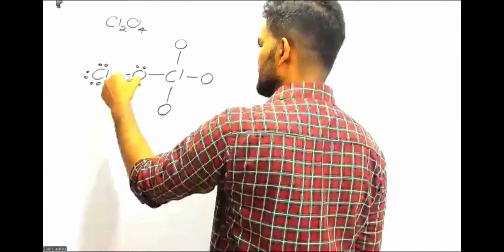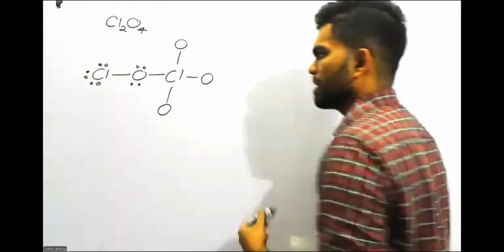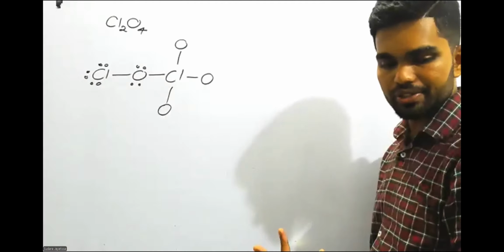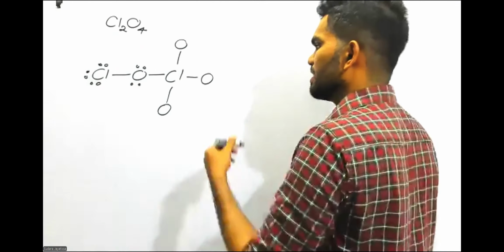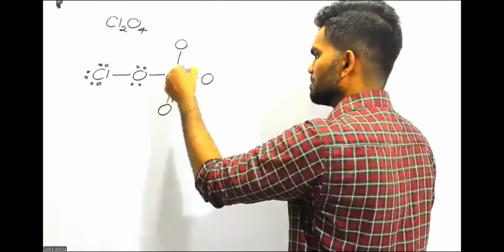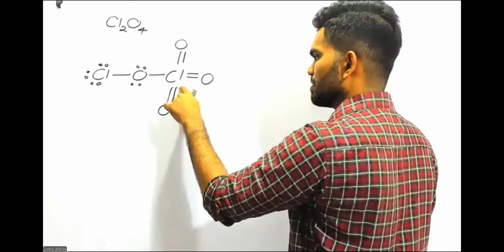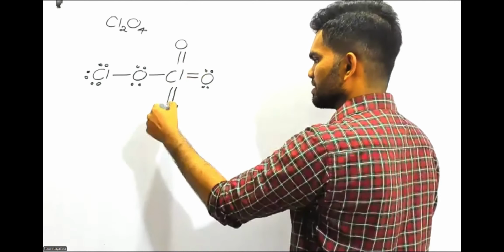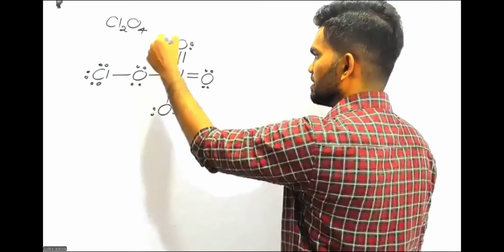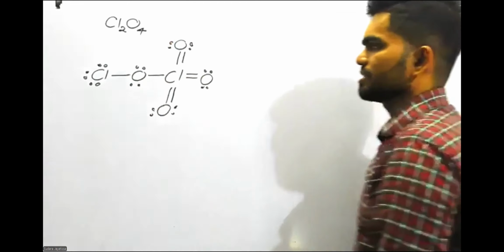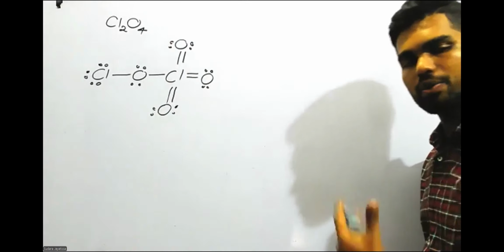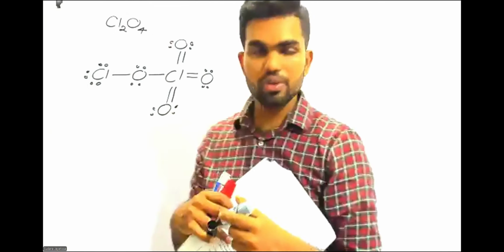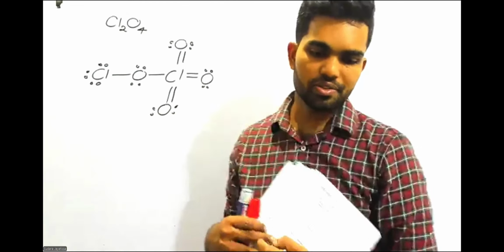The oxygen, in this case, should keep 2 lone pairs to have no charge. And in this case, chlorine should keep 7 electrons. 1, 2, 3, 4, 5, 6, 7. Then each oxygen must make a double bond and keep 2 lone pairs. So if you follow our earlier Lewis method, you will end up with the same structure.